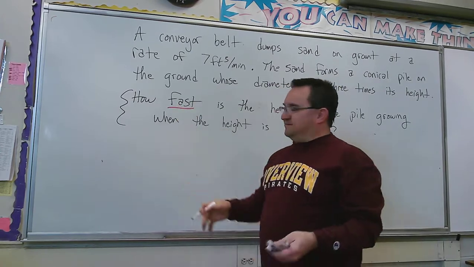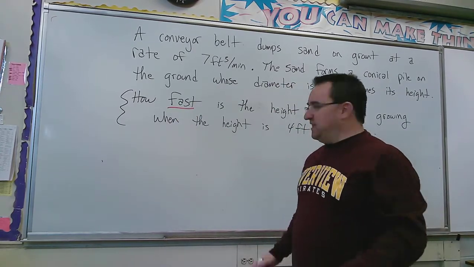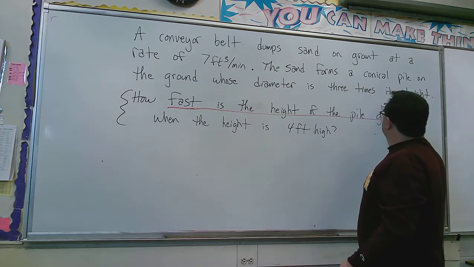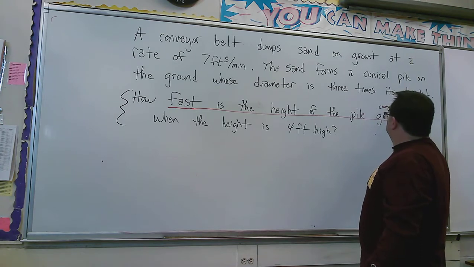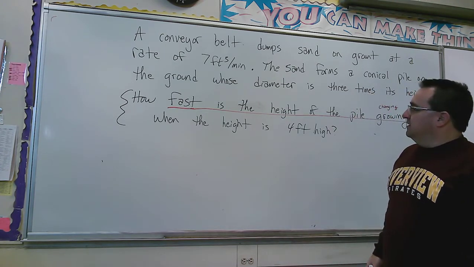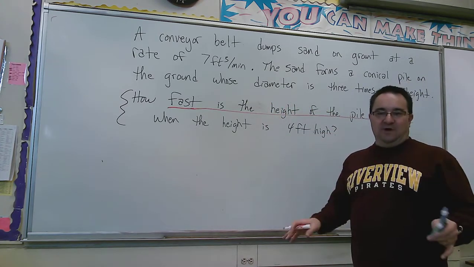How fast is a word that means rate. How fast something is happening. How fast is the height of the pile growing? Growing is a form of changing. It's not static. It's not constant. It's growing. So all this red line right here, that is one idea.